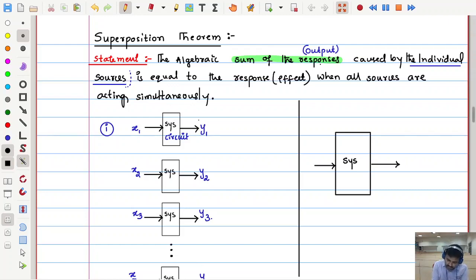So once we add up all these responses, meaning outputs, which are caused by individual sources, let us not focus on how we produce those outputs, let us think about that a little later. What we have is the sum of the responses, meaning the sum of the outputs.